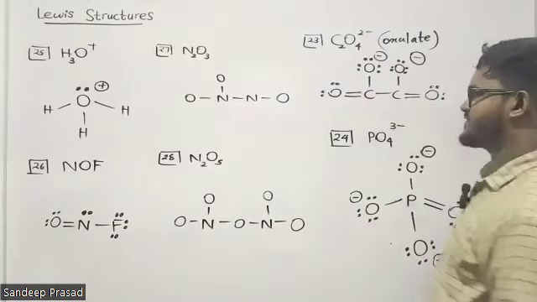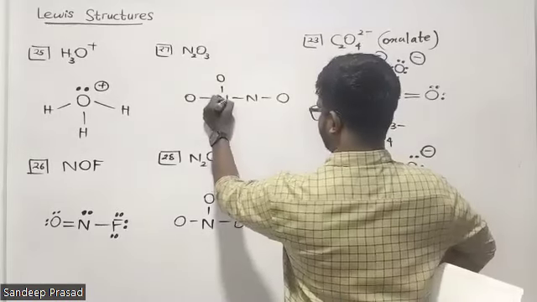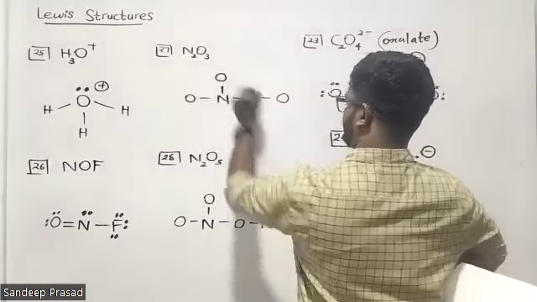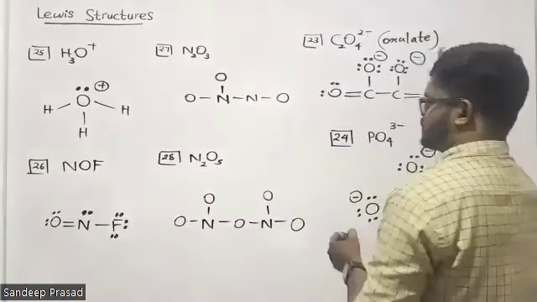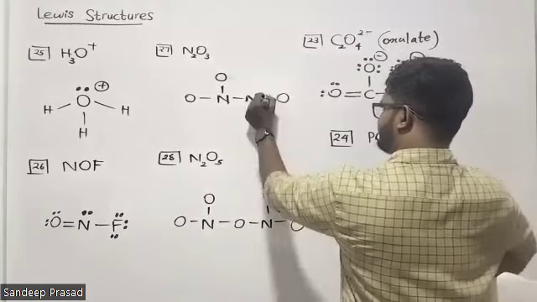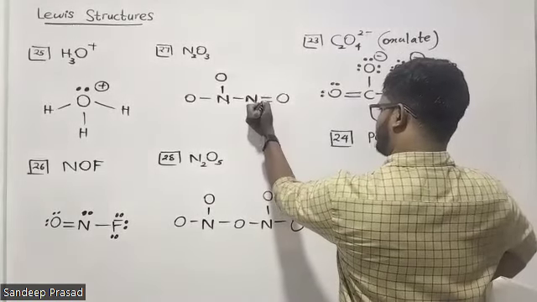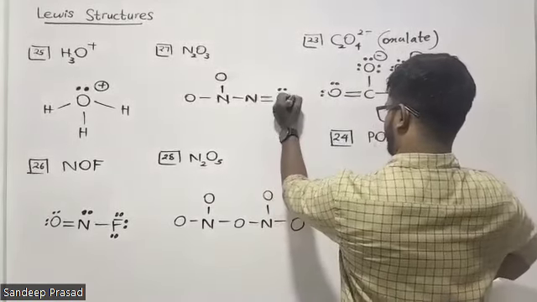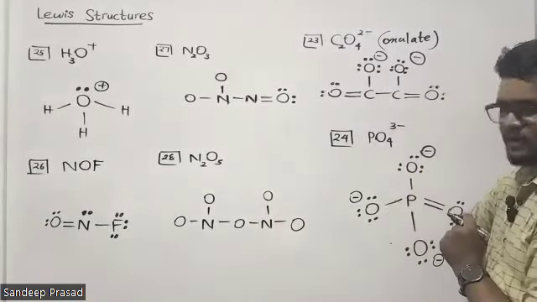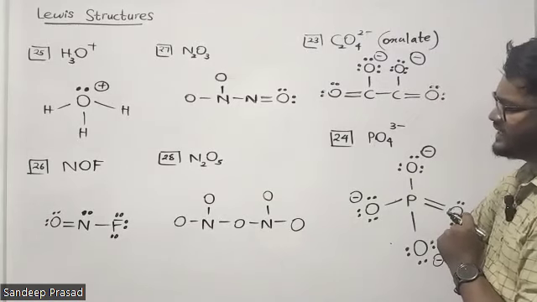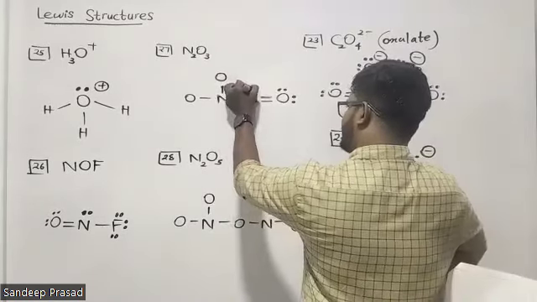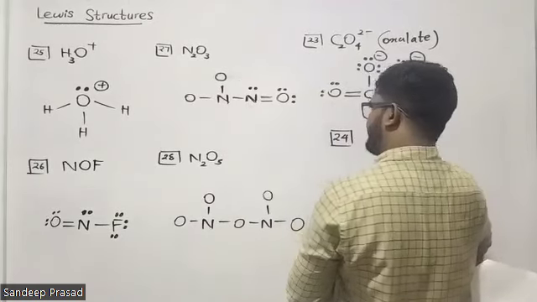Students, what I'm going to do here in N2O3, since we don't have any charges, is try to put a double bond between this nitrogen and oxygen. Then oxygen is neutralized. The next thing is I'm trying to complete the octet of this nitrogen by giving it a lone pair.